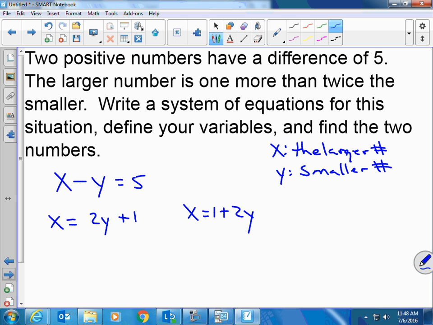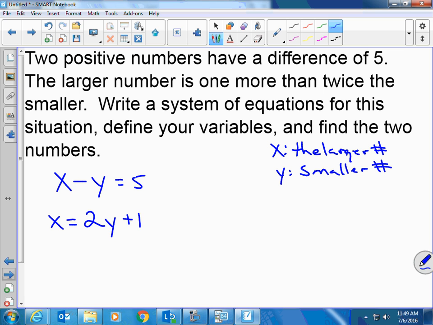If it said x is 1 less than the smaller number, and you did that instead, that is very different. This and this are different. So when it says 1 more than or 1 less than, start off by putting it out here. It is 1 more than, so we're going to add 1 to something. What is it 1 more than? Twice the smaller number. If you do it that way, you will not make a mistake.